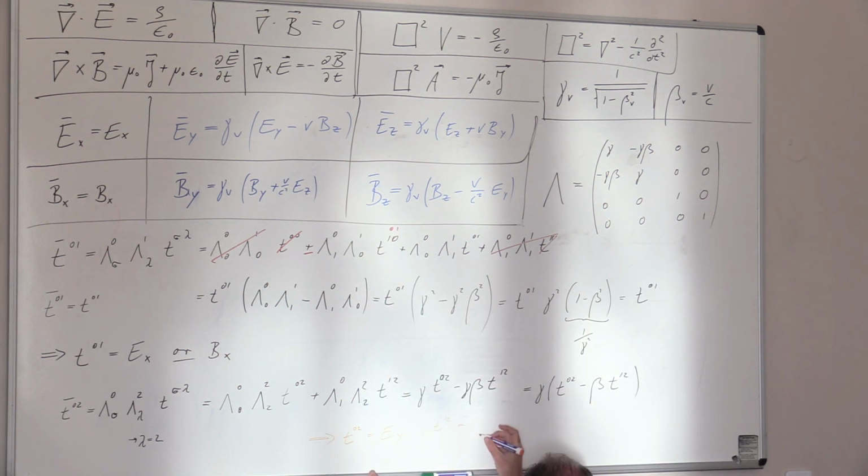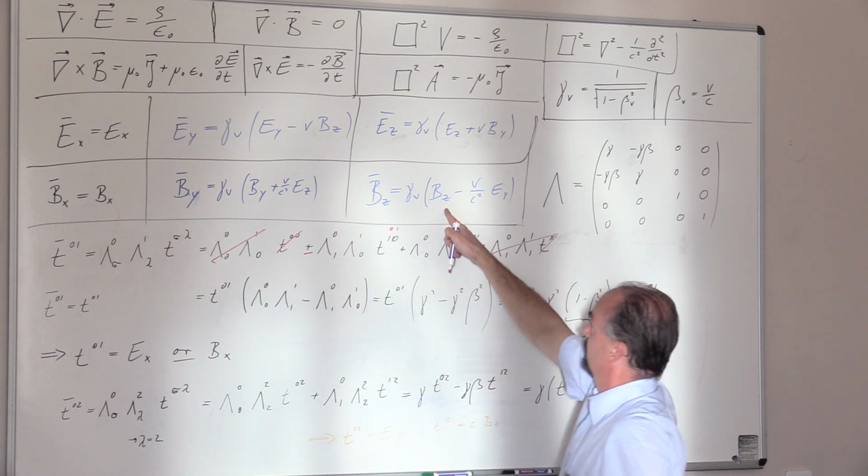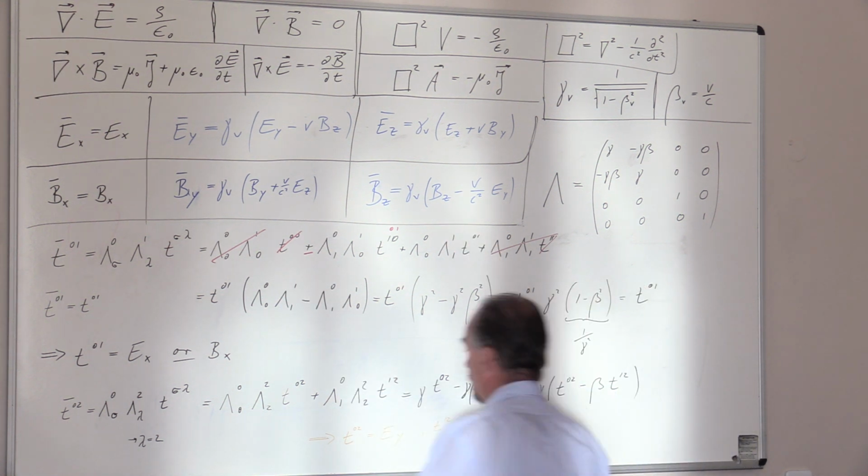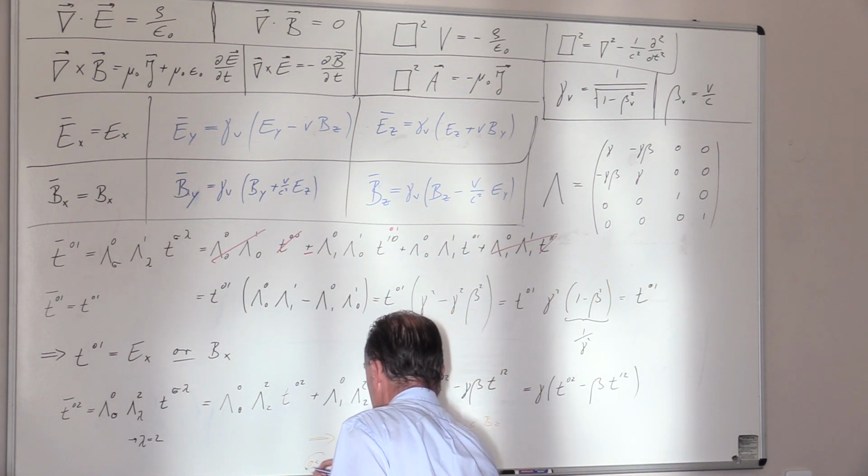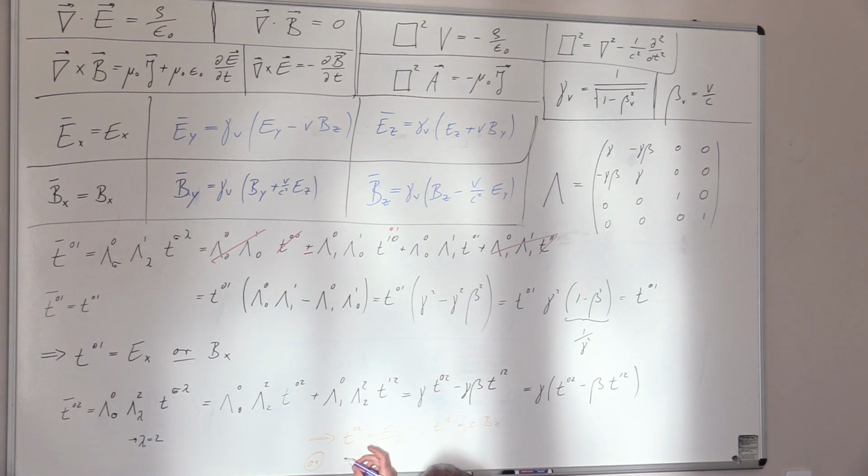T12 would be actually C times Bz. Or we can identify this here, right? Or we can have T02 equals Bz. And then T12 must be Ey over C.